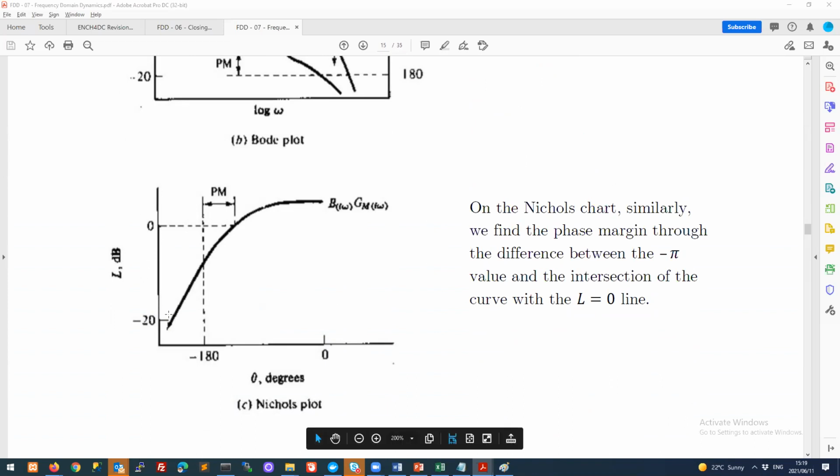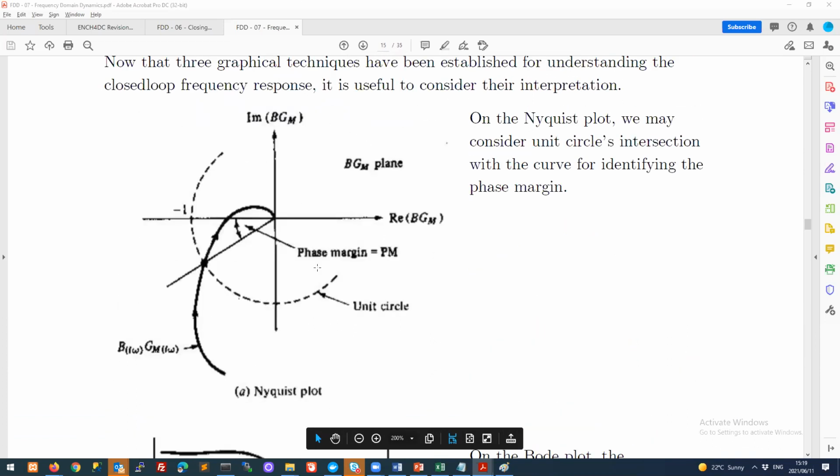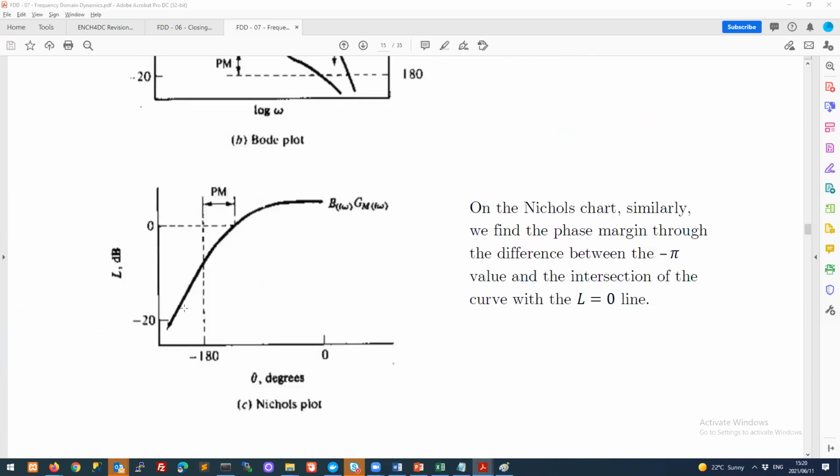Remember your Nichols is L plotted against theta, Bode is L and theta plotted against omega, and your Nyquist is just the complex number for G. So for the Nichols plot, it's L against theta. Again, we can choose where L equals 0. That tells us straight away what the angle is, and then we want to know how far that angle is from -180, right? So this is all about the phase margin.